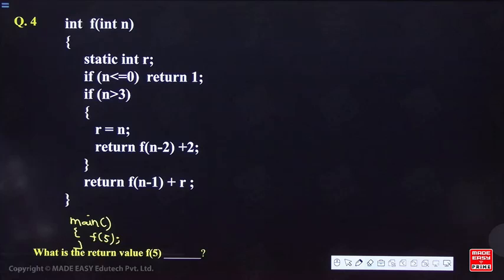Those who are making mistakes, just verify once again. Praveen wrong answer, Gaurav Kumar wrong answer.